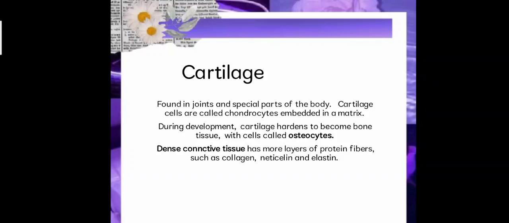So collagen fibers are disposed along the direction of mechanical loads present in that specific tissue. Examples of dense regular connective tissue are tendons and ligaments. Tendons connect muscle to bones, whereas ligaments connect bone to another bone.